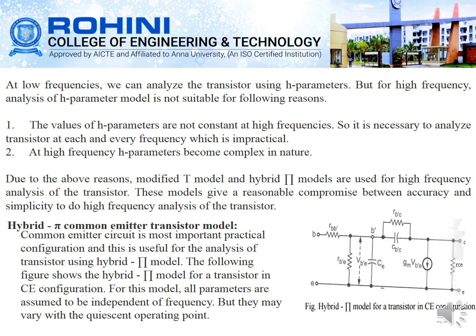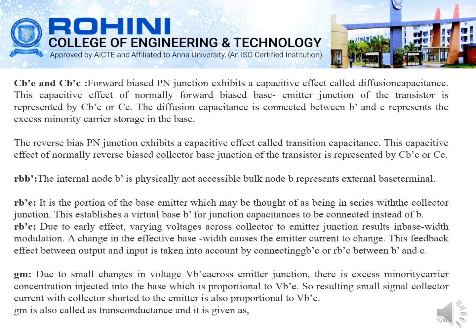For this model, all parameters are assumed to be independent of frequency, but they may vary with the operating point. Here CBE, CBC, RBE, and RBB' each have specific applications. CBE and CBC are the capacitances. The diffusion capacitance, which arises at the forward biased base emitter junction, is represented by CBE or CE.